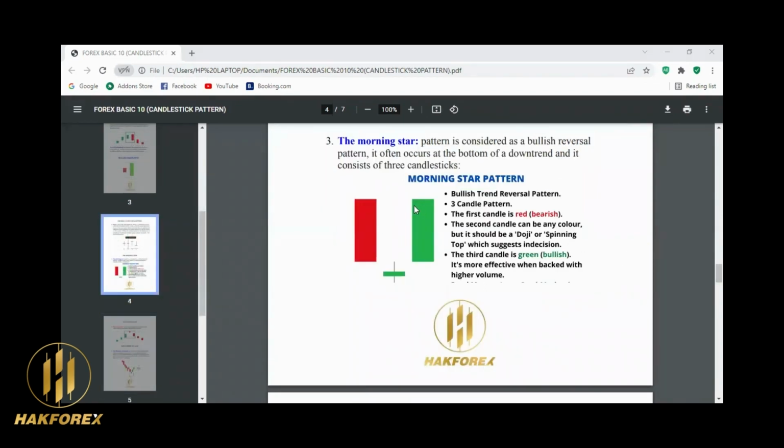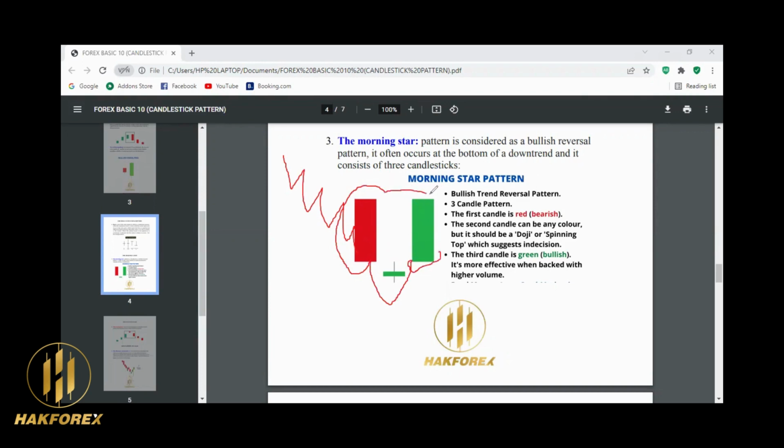The next one that we have here is known as the morning star. The morning star is considered a bullish reversal candlestick pattern. It often occurs at the bottom of a downtrend. For example, the market is coming down, and you now saw this kind of morning star form, after this bearish candlestick, you saw this bullish candle and also the other bullish candle.